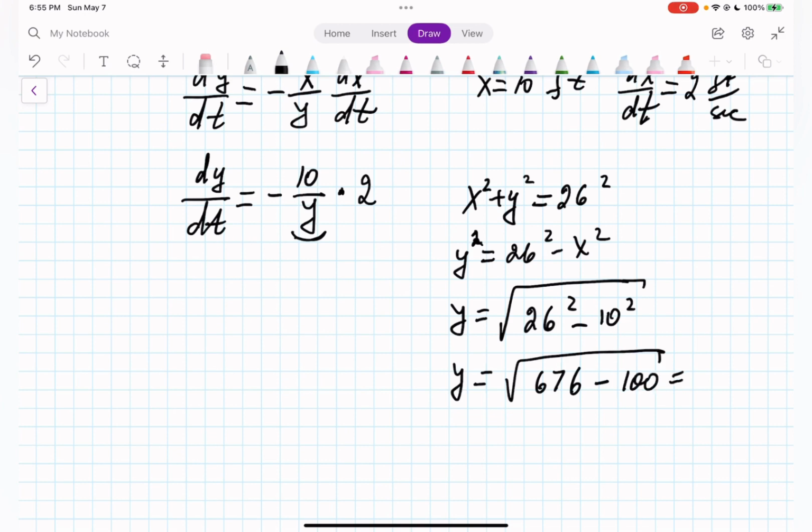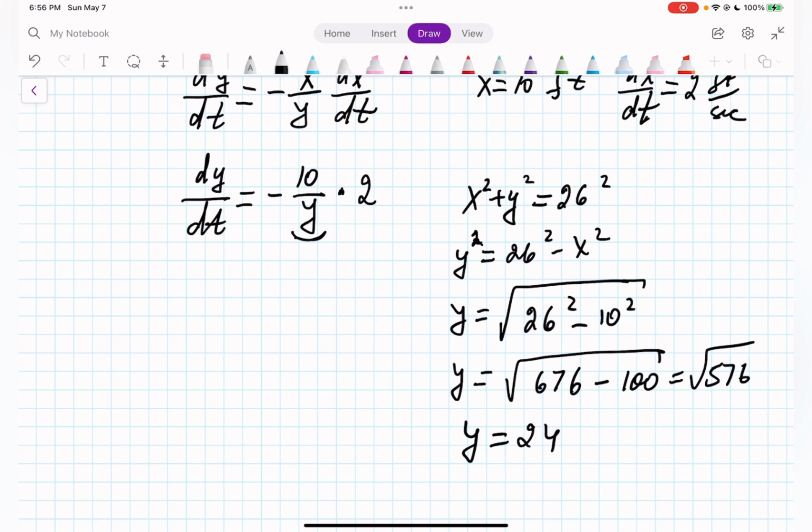We are getting the square root of 576. I believe this should come out to a whole number, maybe 24. Yeah, bingo. y is equal to 24.